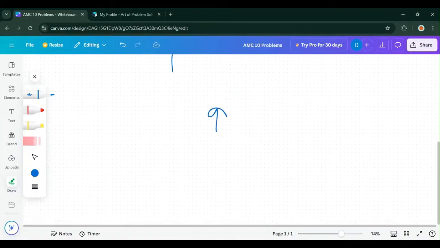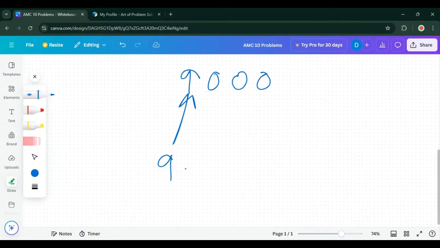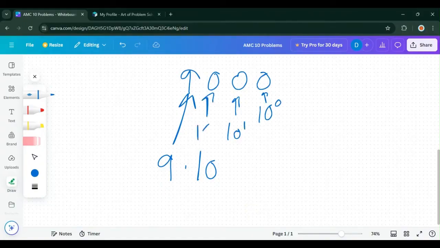This is not the actual palindrome, but we have 9,000 here. With the digit 9, how many tens is it worth? It's 10 to the power of 3, so basically it's worth 9,000.